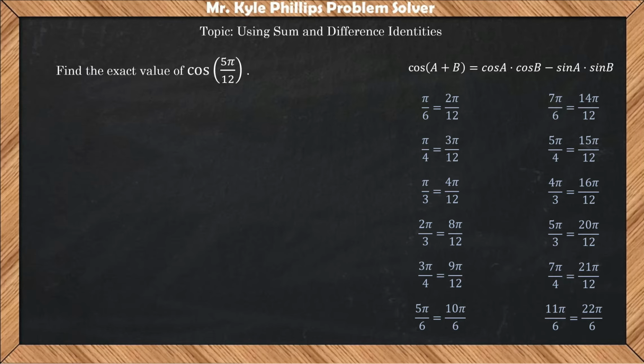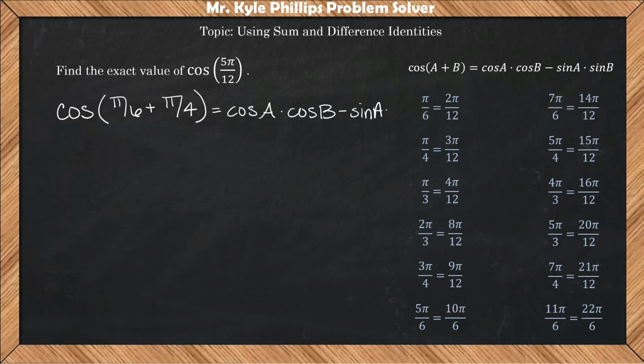So I'll come over here, and this is going to be cosine of pi over 6 plus pi over 4. And we're going to use this rule here. So this tells us that this will equal cosine of A times cosine of B minus sine of A times sine of B. Now, what we need to know is this is going to be the value of A, and this will be the value of B. So we can plug these values into the formula.